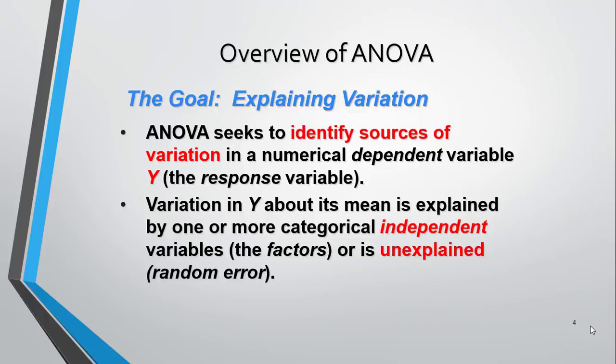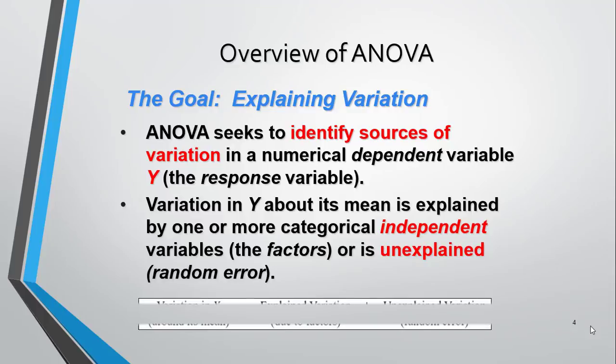It's also called the response variable. Variation in y about its mean is explained by one or more categorical independent variables. We call them factors. Or is unexplained. We call that part, the unexplained part, the random error. And basically, we look at the variations in y around this mean, up and down from this mean.